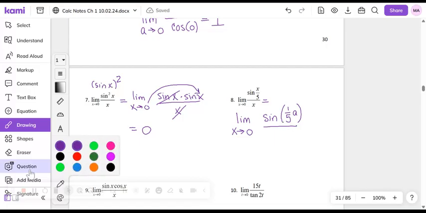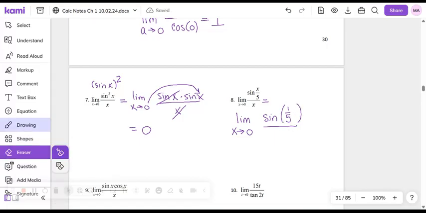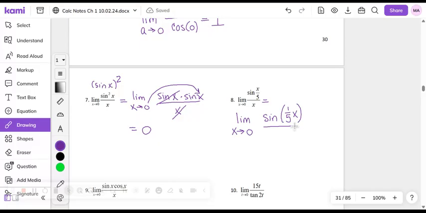Oh, it's an x, sorry. Make that an x. 1/5 of x over x. So if that's the case, we have to have the same coefficient in front of both of these. So I'm going to multiply the numerator and denominator by 1/5. Now I have 1/5 of x in the denominator, sine of 1/5 of x in the numerator. They cancel out, they reduce to 1, and the limit of this will approach 1/5.